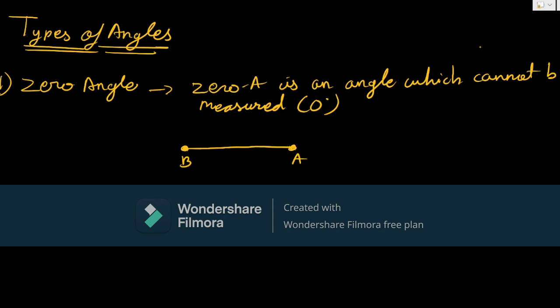Okay, now you need to understand, if you want a 360 degree angle, then it has to rotate from this side and come back here. So this will be called C. But in zero angle, this is not the case. In zero angle, this angle is like this. It moves this side. It doesn't take a full rotation. Okay, that's why it is called a zero angle.